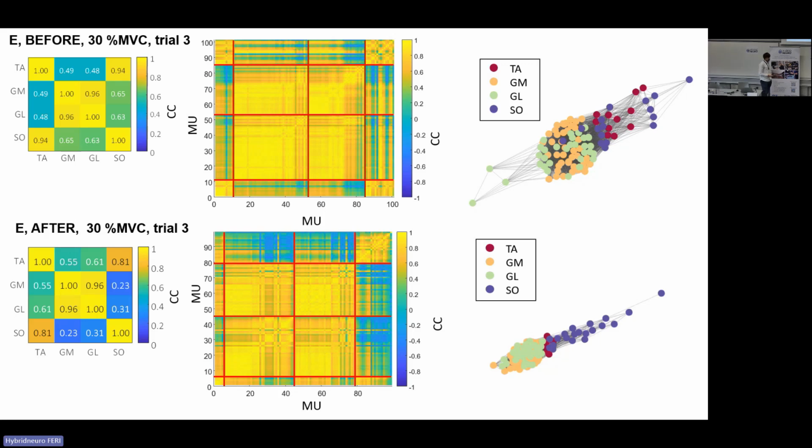Despite the correlation matrix from the methodology used before saying that there is no difference before and after the bed rest, there is. There is if we just change the methodology and calculate the correlation between individual motor units.